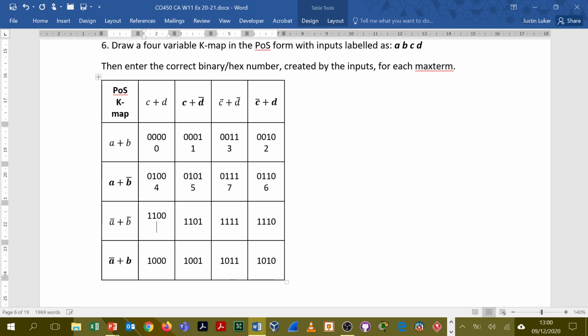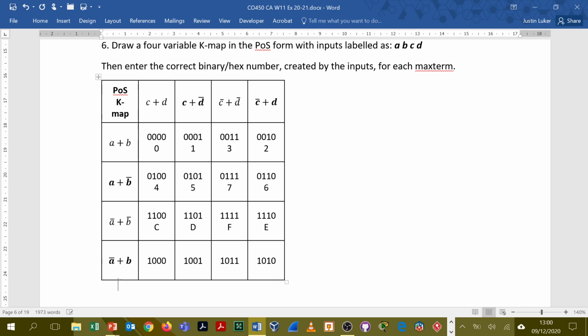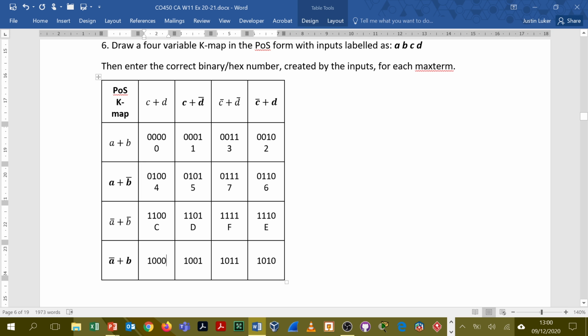That one's 12, which is C. That one's 13, which is D. That's 15, which is F. That's 14, which is E. 8. It's 9.